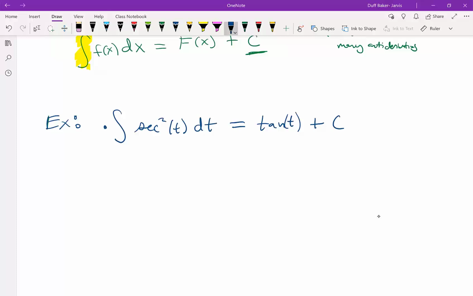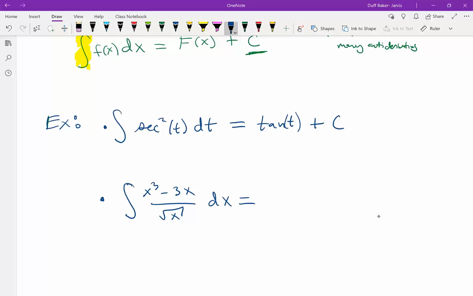Let's do another one. Let's say, what's the indefinite integral of x cubed minus 3x dx? So if you just look at this for the first time, you may think, well, I don't actually know what the antiderivative of this formula is.